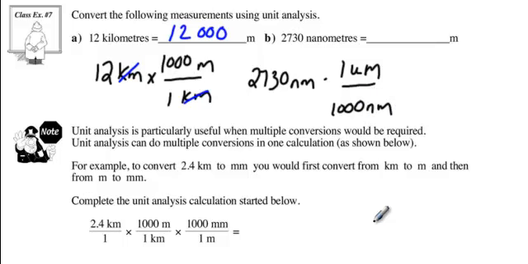Now you can see already this is a little bit different than part A, where I was going from large unit to smaller units. My numbers were getting bigger, so the thousands were in the numerator. In this example, I'm going from nanometers, a very small unit of measure, to meters, which is much bigger. So my thousands are in the denominator, or in other words, I'm dividing out groups of 1,000.